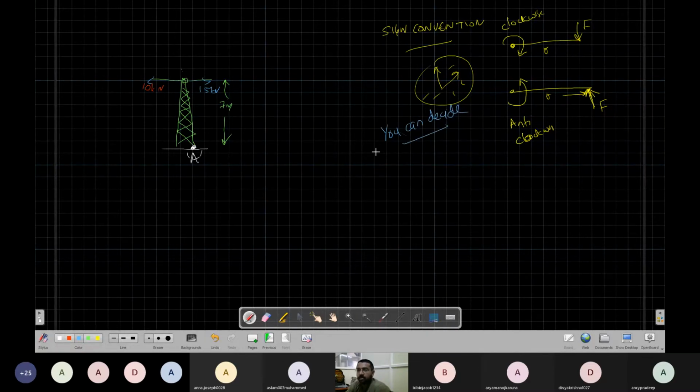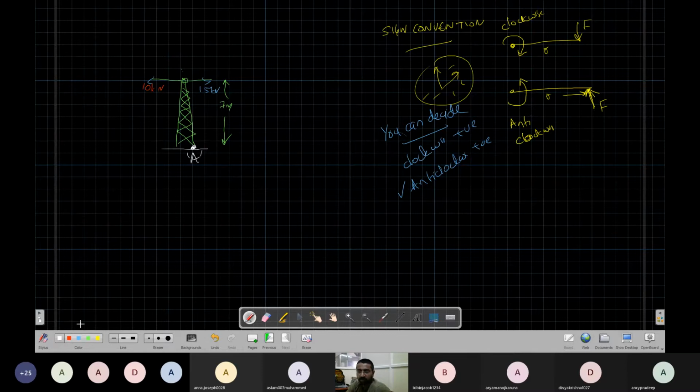You can take clockwise as positive or anti-clockwise as positive. The only thing is you have to mention that in your answer, considering clockwise moments as positive or considering anti-clockwise as positive. But if you ask me, I would always ask you to consider anti-clockwise as positive.